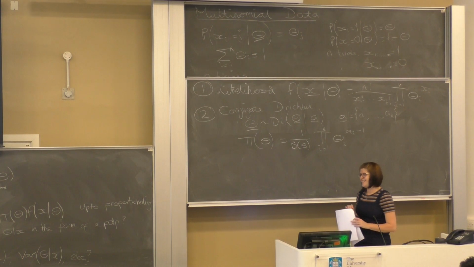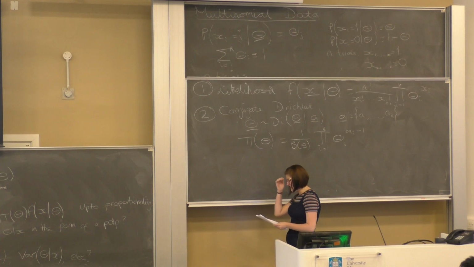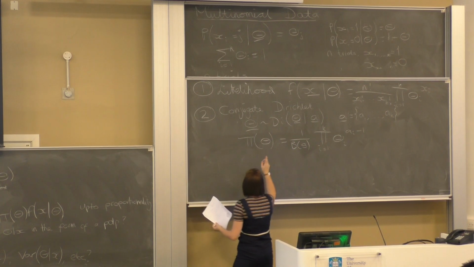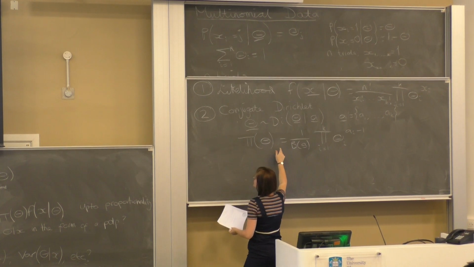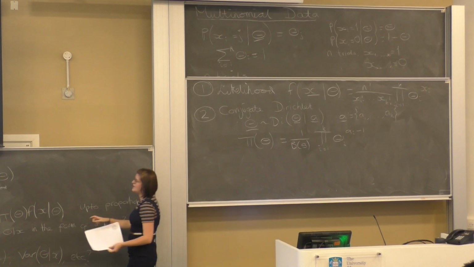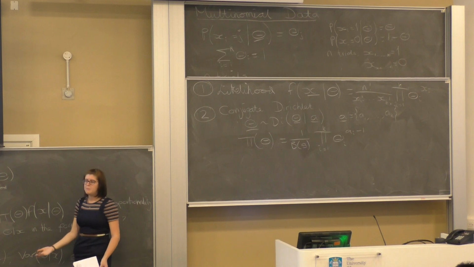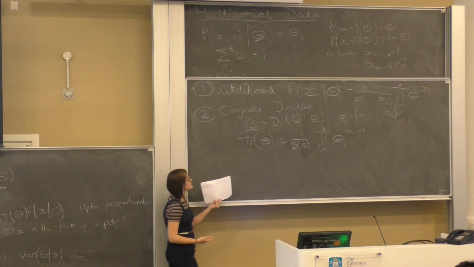your exercise then in the lecture notes, so this is 3.4.9, is to take this likelihood and this conjugate distribution and work out what the posterior is. So you have the PDFs for both of these. That's what we've got here.